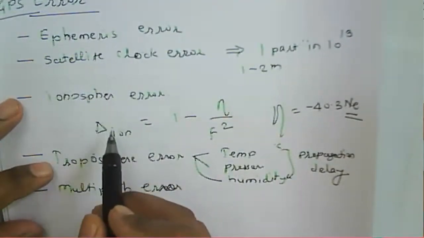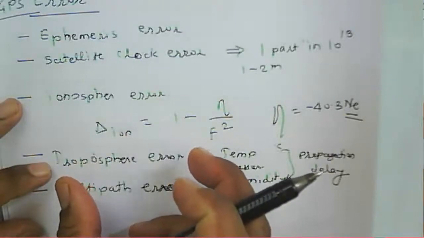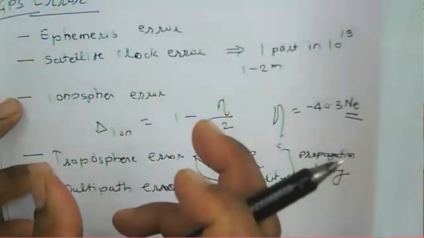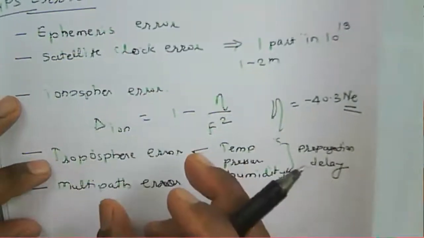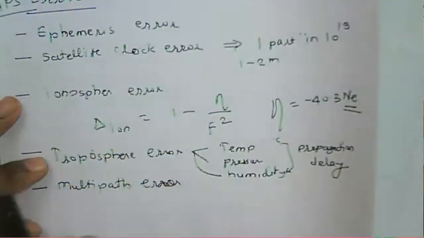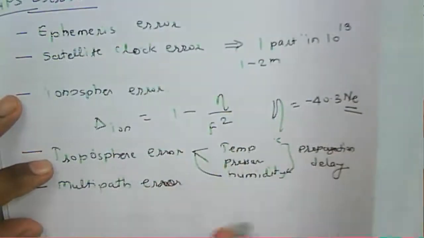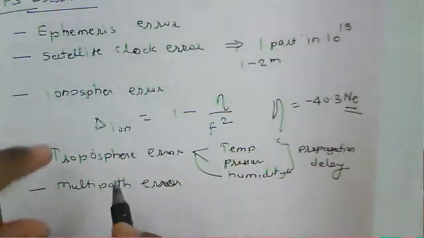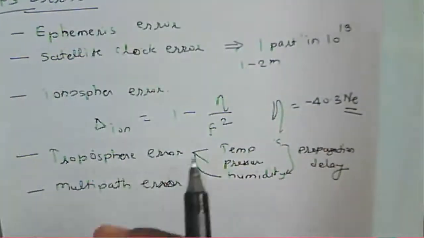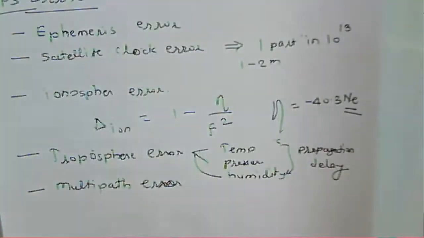Why does this error occur? Because the ionosphere is a refractive medium. Why a refractive medium? Because of the free electrons present in the ionospheric layer, and that region changes between day and night, because the sun's rays activate the free electrons, and because of that the medium will be dense or poor.